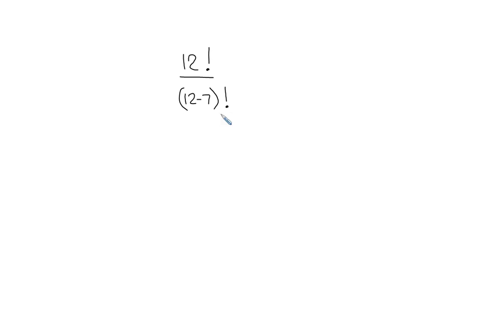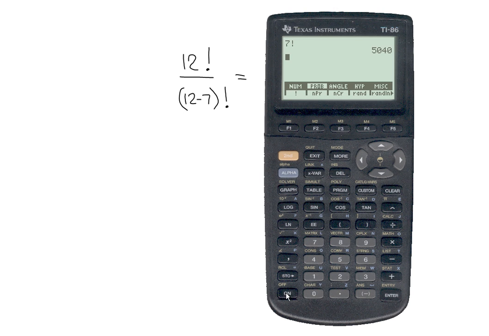And they want you to punch that into your calculator. The way you punch this into your calculator, you do have to be careful and think about it for a moment. This is going to be 12 factorial divided by, if I do 12 minus 7 factorial, oops, sorry.